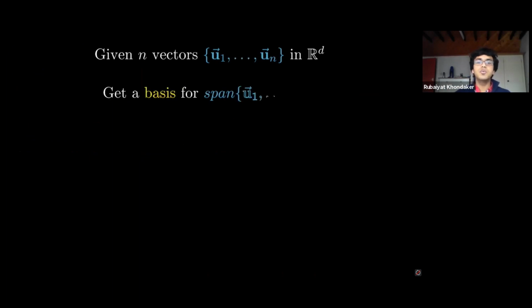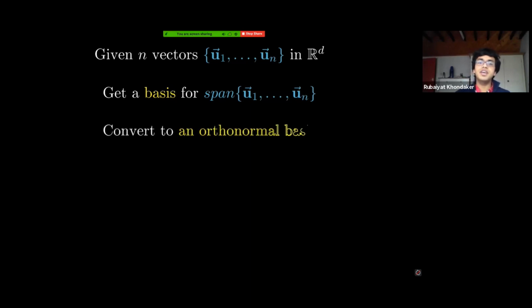So here's the plan. We're given n vectors in d-dimensional space, where n is less than d. We're going to get a basis for the span of those vectors. Remember, the span of a number of vectors is just the set of all vectors that can be written as a linear combination of u1 up to un. Then we convert that to an orthonormal basis.